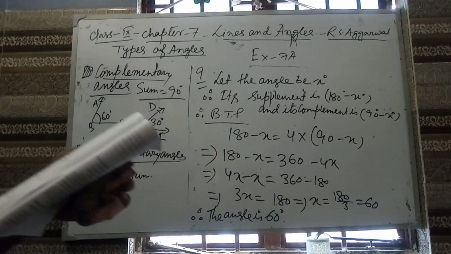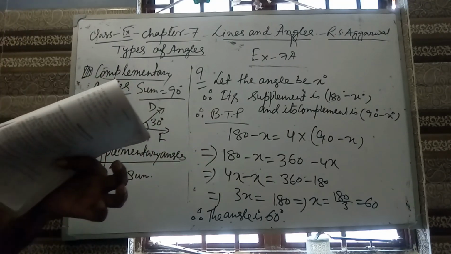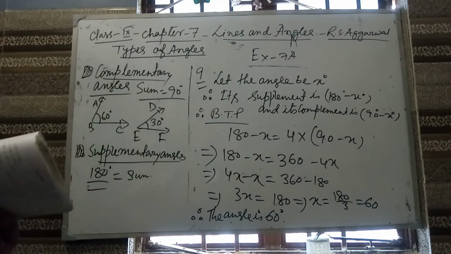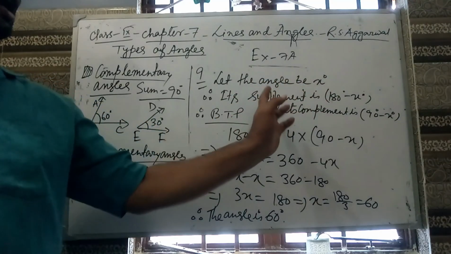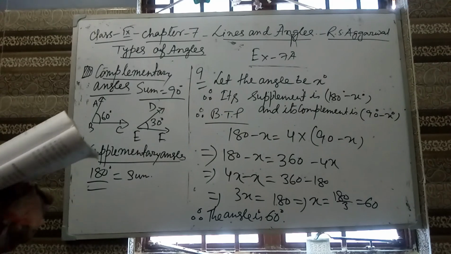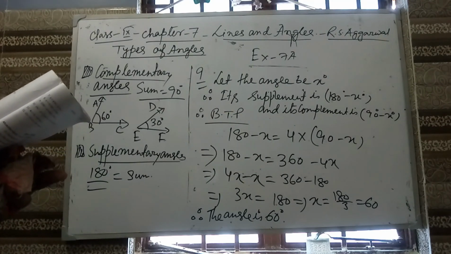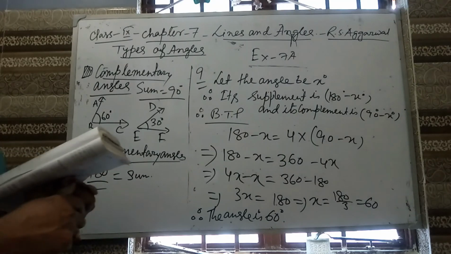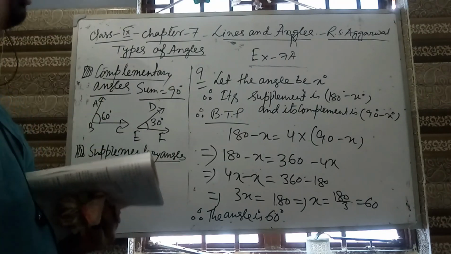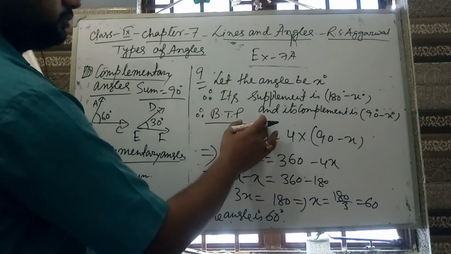Question number 10 is exactly similar. Find the angle whose complement is 1/3 of its supplement. So find out the angle x, supplement this one, complement this one. And what is given? The complement is 1/3 of its supplement. You will get the first 3 lines same.